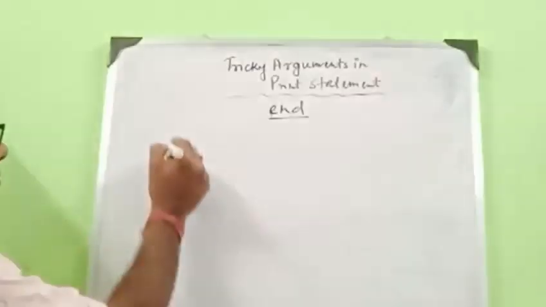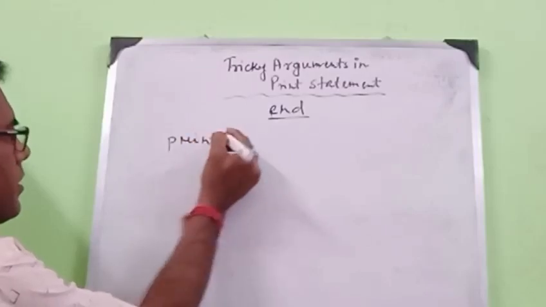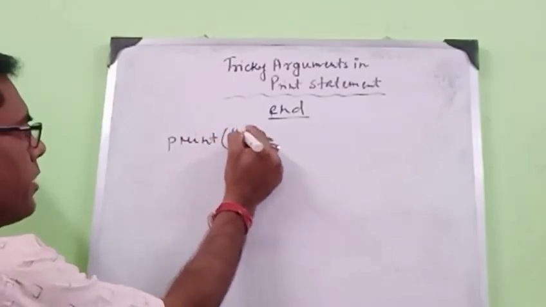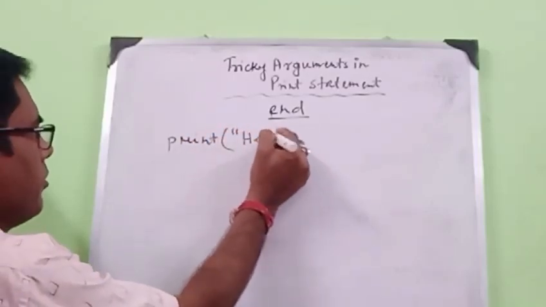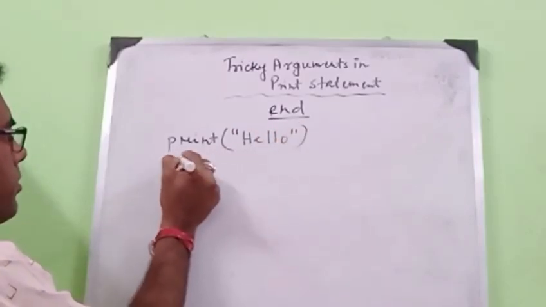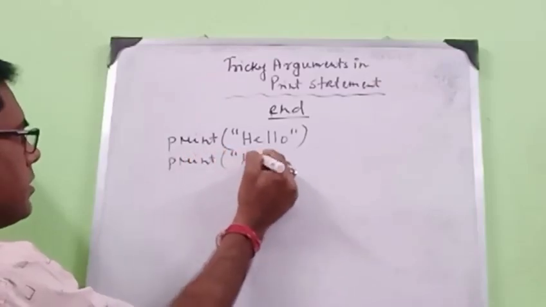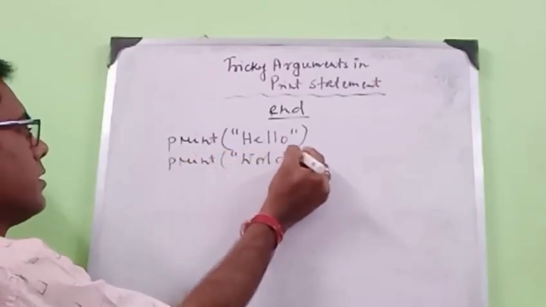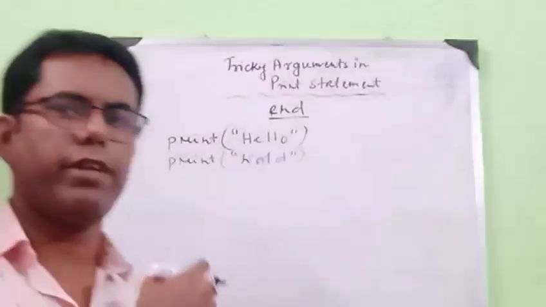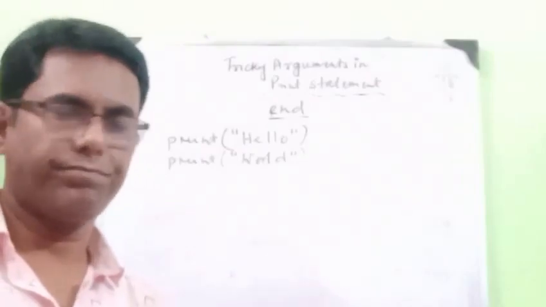Normally, whenever we print multiple lines, suppose we print hello in the first line, and world in the second line, so we have written two print statements in different lines.